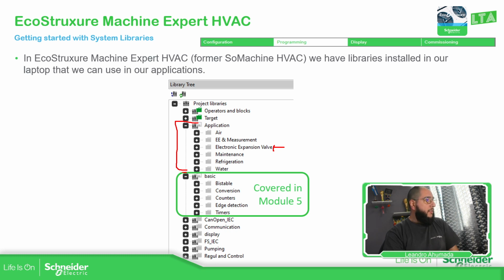Then the basic part is already covered in module 5 of the series of videos, and then we have communication and different applications like pumping, and in this one we have, for example, the PID, but we're going to see that in detail.